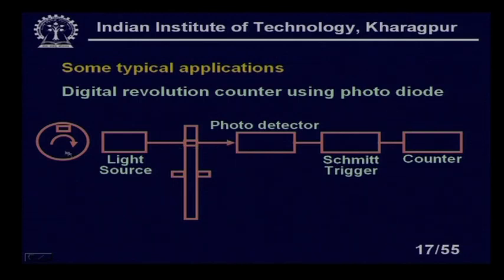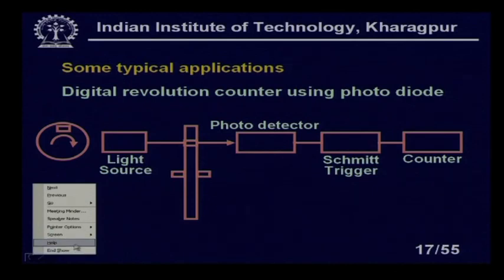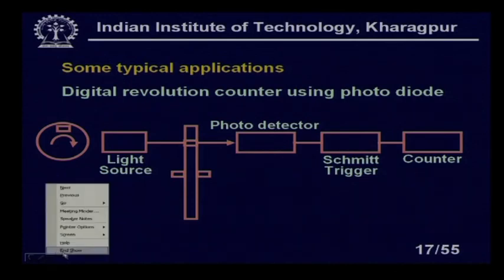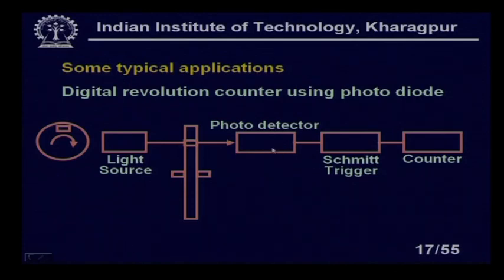So, you see, if this disk rotates, as there is a shaft and the disk is rotated, for each rotation I will get a pulse at the output of the photo detector. Now, this type of pulse will be of very irregular shape.